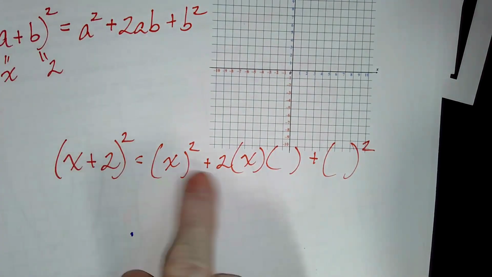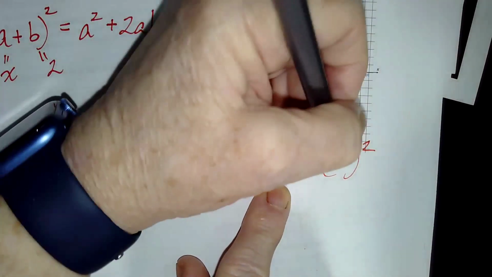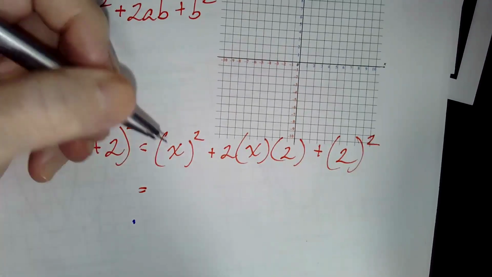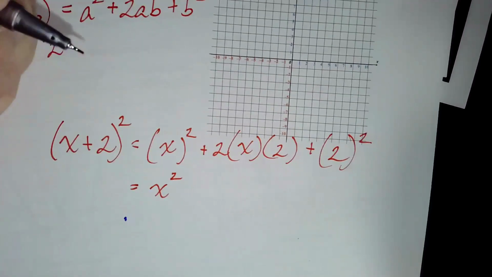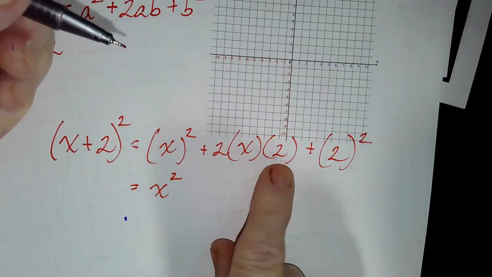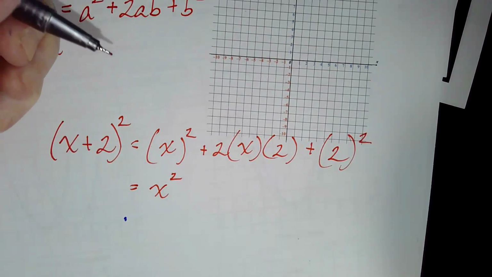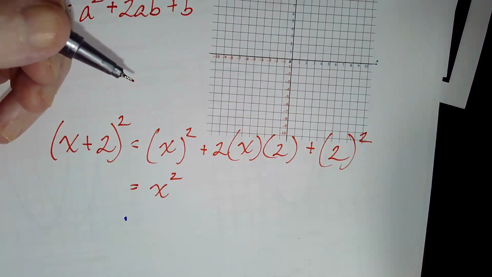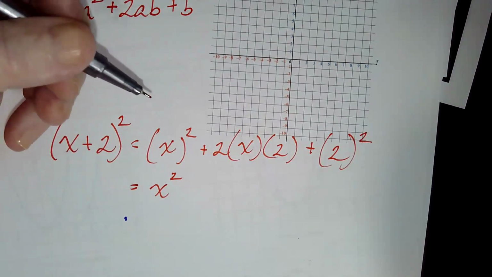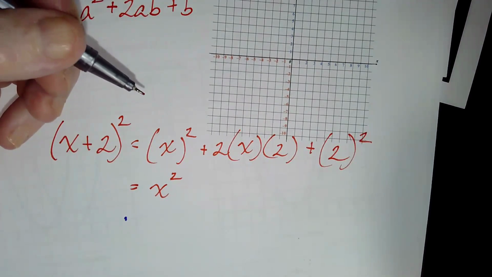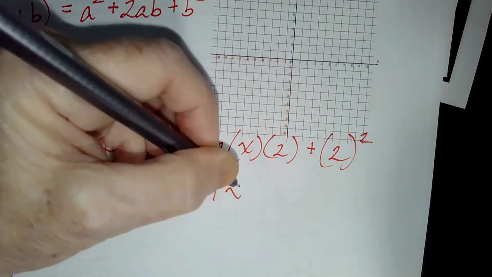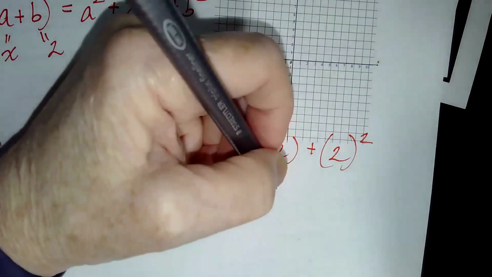We said b was 2, so b goes in those 2 spots. x squared is just x squared. What is 2 times x times 2? 2 times 2 is 4, so 4x. And 2 squared is 4.